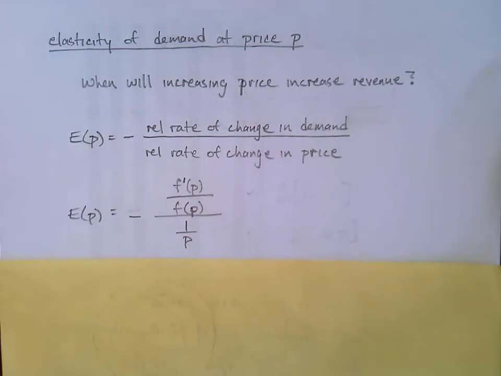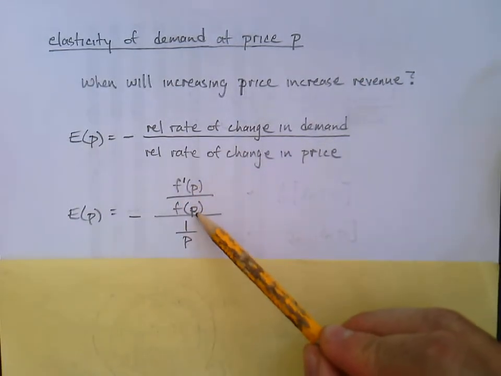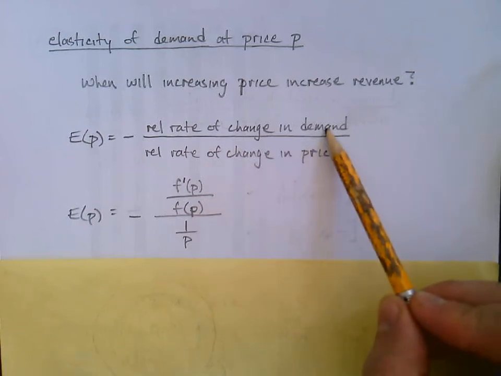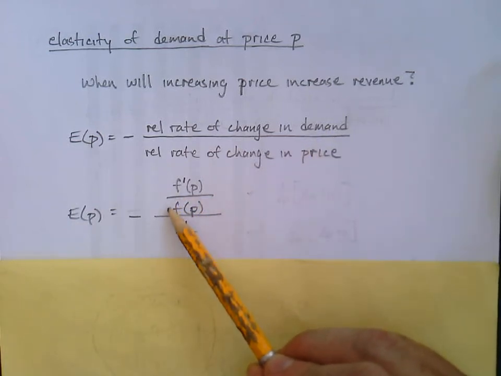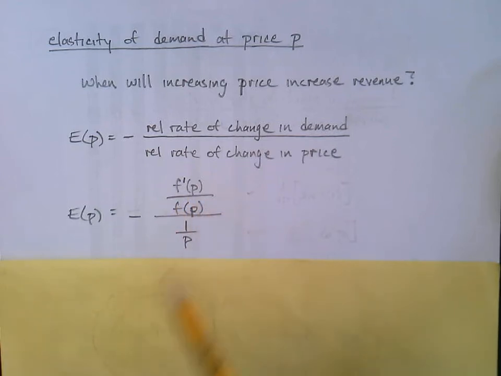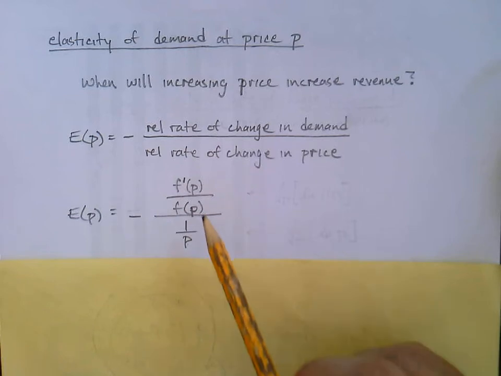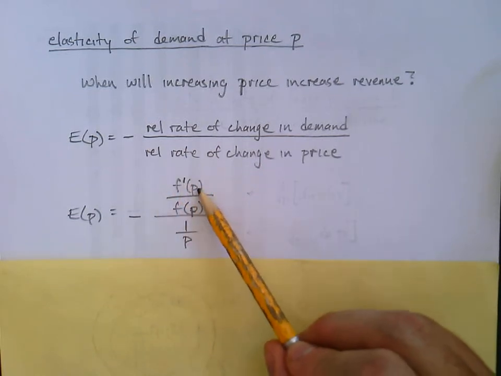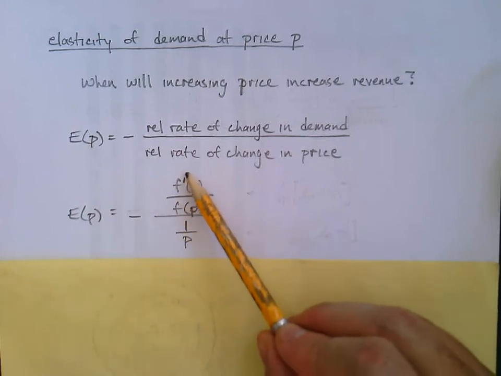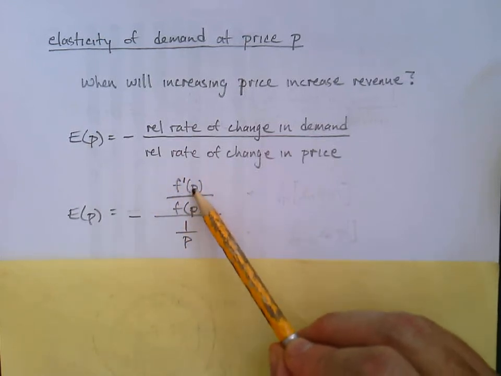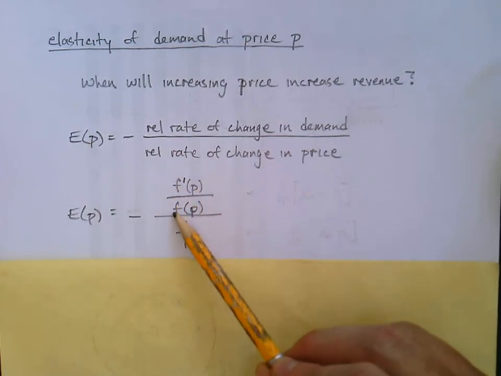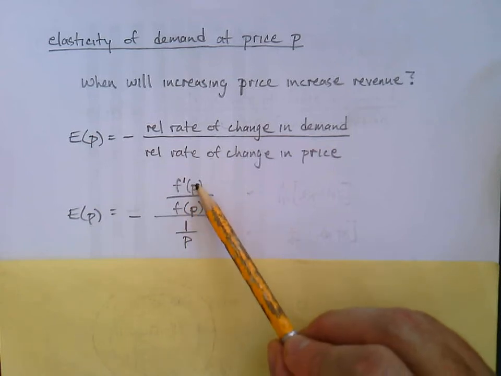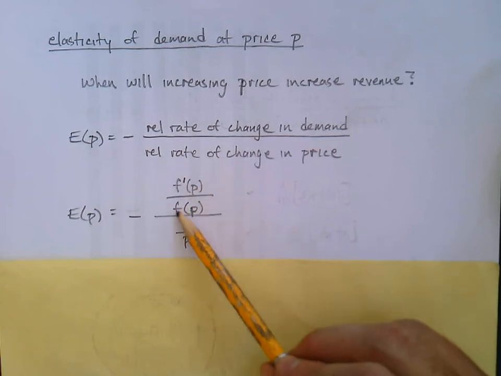F prime of P over F of P. So think of the demand function as F of P. So that's how many of these items we're going to sell if we set it at price P. And of course, it's a relative, so we put the rate of change in the demand at that price divided by the actual demand. Okay, how fast is the demand changing divided by what the demand actually is.